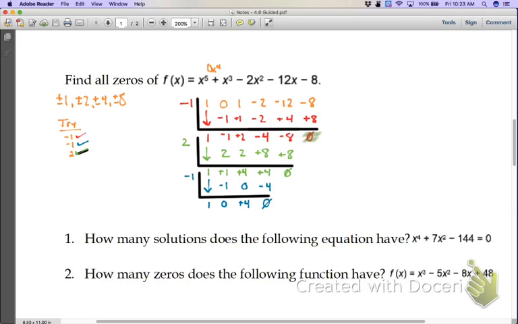Now, at the very beginning, I told you that all of these, no matter how high of a power, will always get you to what? A quadratic. Here's my remainder, there's my constant, x and x squared.